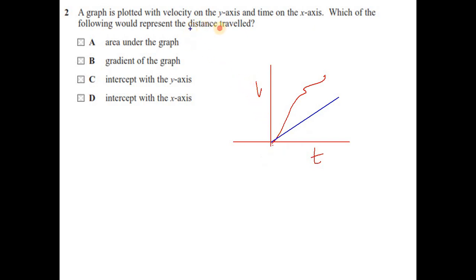If you need to find the distance traveled, you need to find the area under the graph. Area under the graph represents distance traveled. So your option is A.